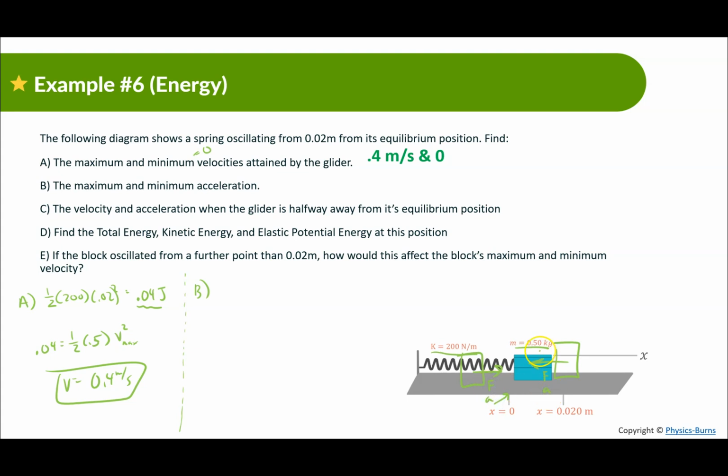Whenever the force is at a maximum, that's also when the acceleration is at a maximum. And when it's at its equilibrium position over here, the spring is not compressing or stretching it, so the acceleration is going to be 0. There is no net force on it, so the minimum force is going to be 0, and the minimum acceleration is going to be 0.